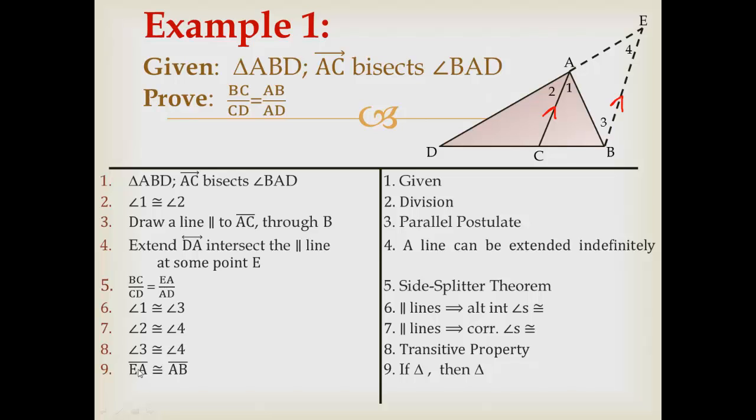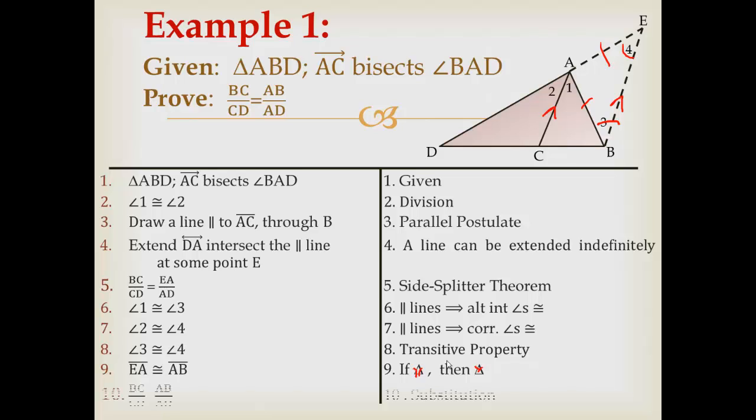And then we can say that segment EA is congruent to segment AB because if we have this, which we do over here, then we have this. So if the angles are congruent, then these sides are congruent.